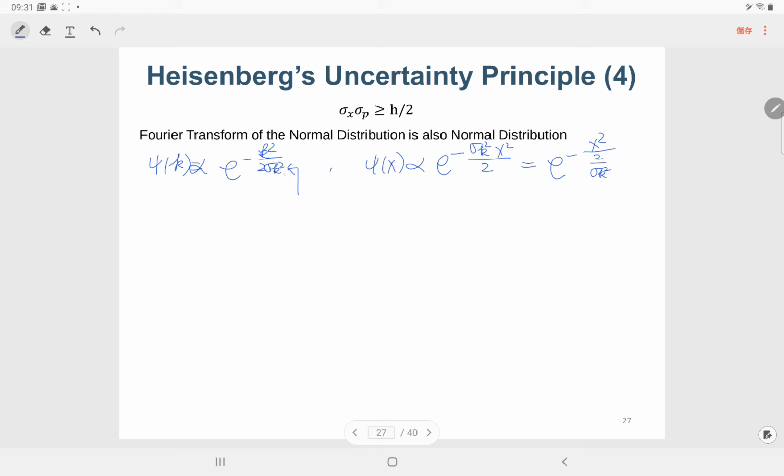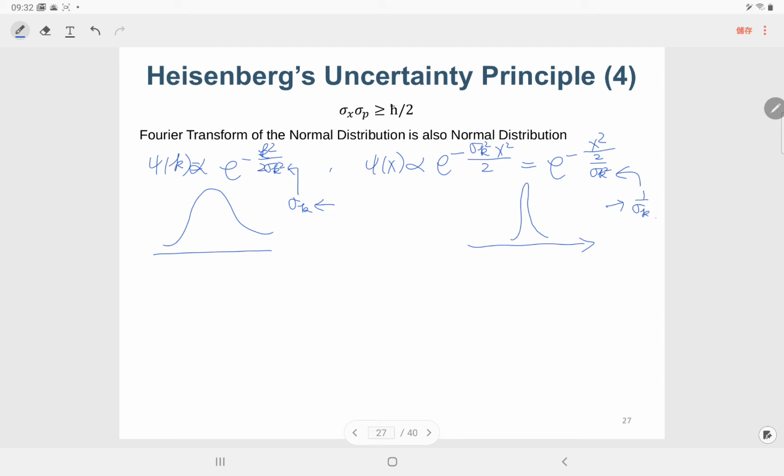So for this one, the standard deviation is sigma k. For this one, the standard deviation is 1 over sigma k, which means that this one becomes larger, this one becomes smaller. So it will feel like in the k domain, if this normal distribution is wider, in that case, in the x domain, this one is narrower, and vice versa.